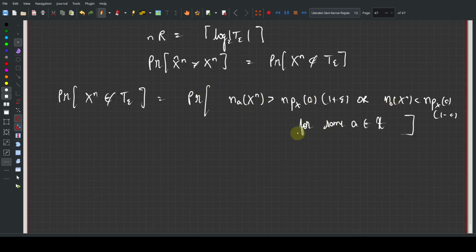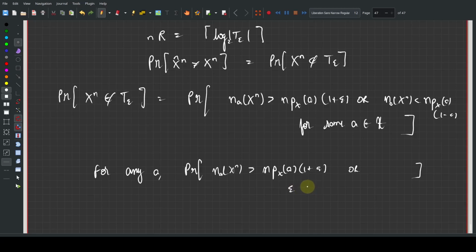So this happens for some a in X. We know that for any a, the probability that N_a of x^n is greater than n times p_X(a) times (1 plus epsilon), or it's less than n times p_X(a) times (1 minus epsilon), is exponentially decaying in epsilon squared n, some constant times epsilon squared times n.